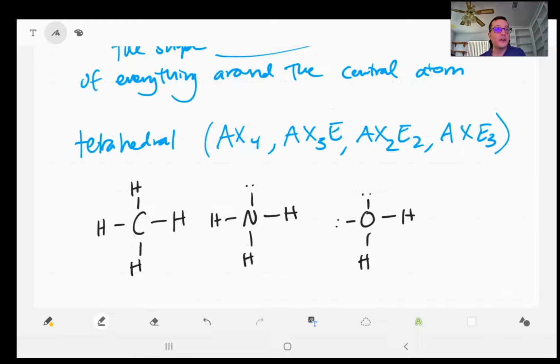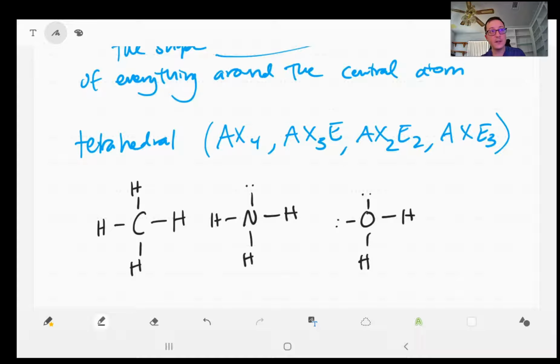So tetrahedral things, this is the electron geometry. These are all tetrahedral. And this sort of structure is just to show us what they all look like, the similarities between all of them. So anytime you have 4 groups, it's always going to be tetrahedral. Anytime you have only 3 groups, it'll be trigonal planar for electron geometry.